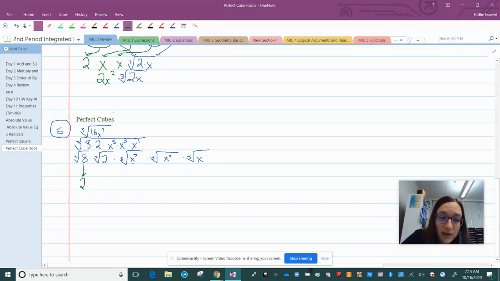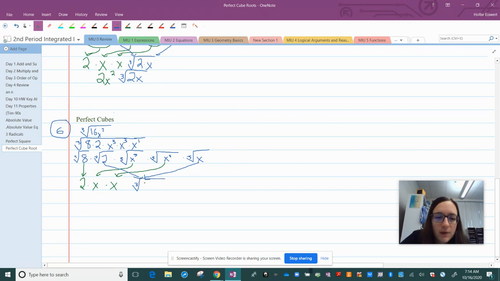This cube root of x cubed, those cancel out, so we're left with just x. The cube root and the cube are inverse operations, so we are left with just x, and those are being multiplied. As we stated before, this 2 and this x stay in the cube root, and since we are multiplying, we can put them right back together.